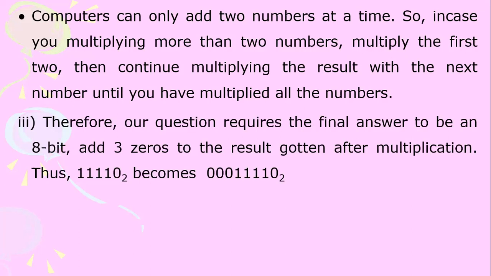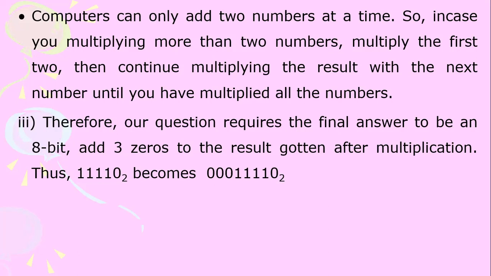So, number 3, our question requires the final answer to be an 8-bit. So, from the answer we get, we need to add 3 zeros to the result gotten after multiplication.